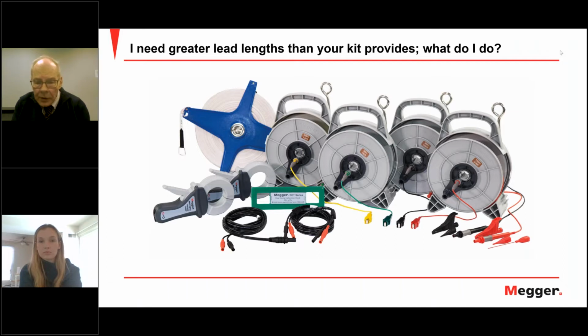You can buy additional reels, and, like I said, you can also use scrap wire. There's really nothing demanding about this. So don't be dismayed if you happen to run the wire out to its maximum length that came with the tester, and you end up getting a flag on your display that says too much resistance. Don't be dismayed by that. It's very easy. This will never defeat your test.